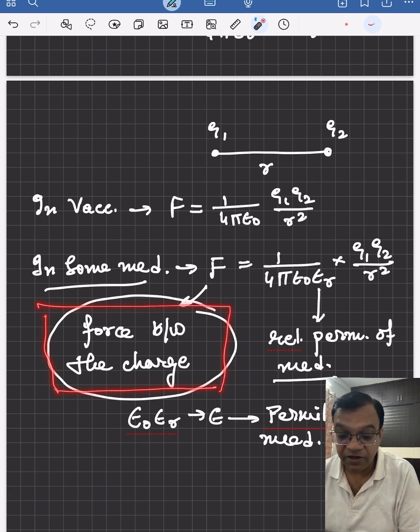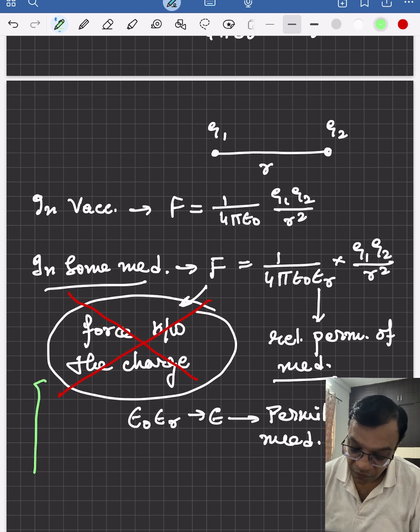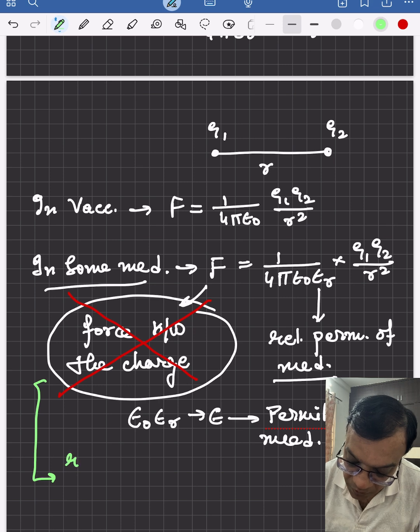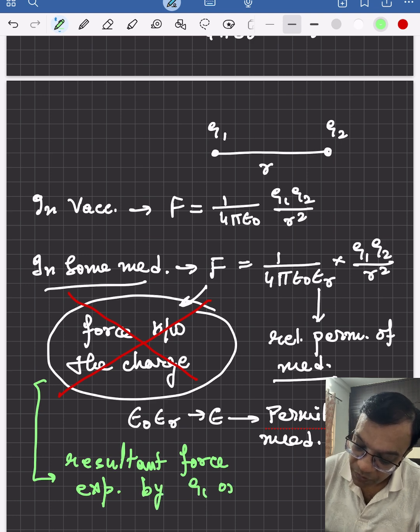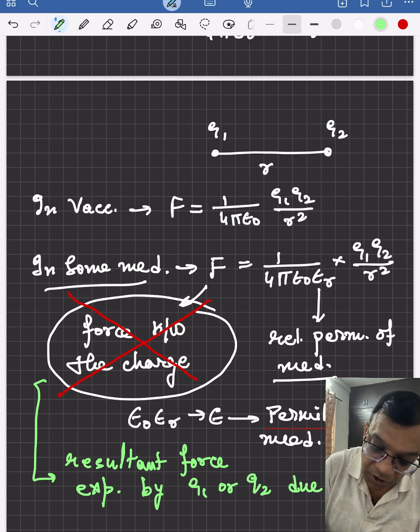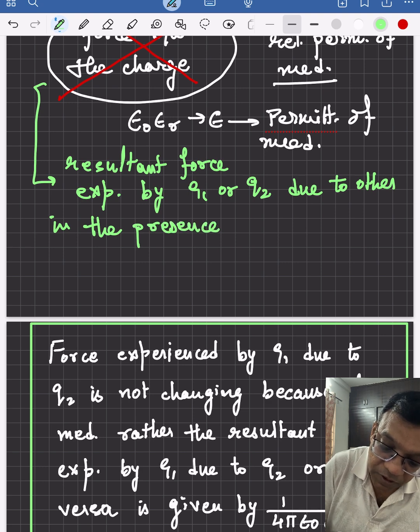We have to say rather, here the correct statement, I am marking the wrong statement in red, right? The correct statement will be: resultant force experienced by Q1 or Q2 due to the other in the presence of some medium.